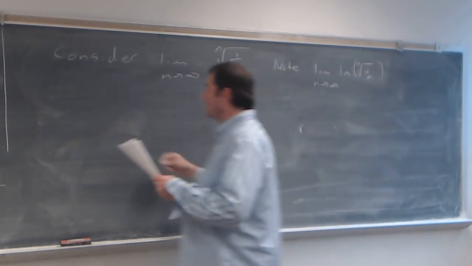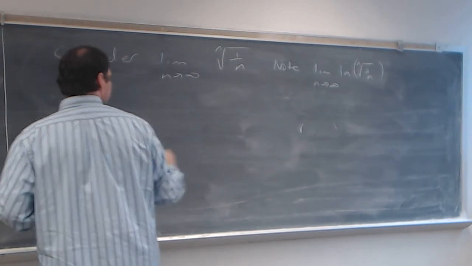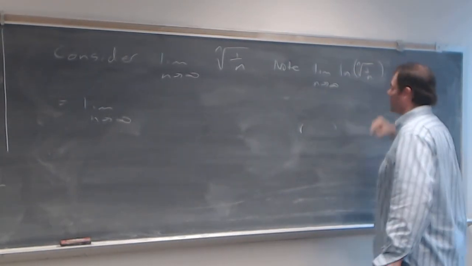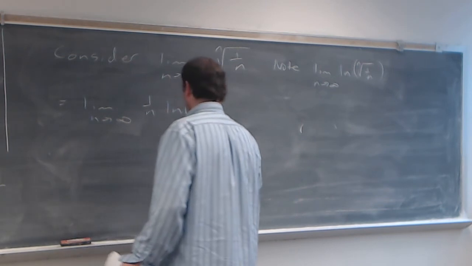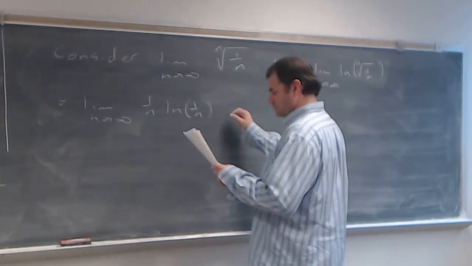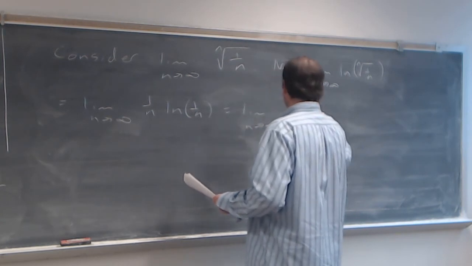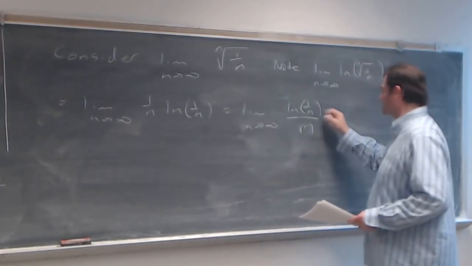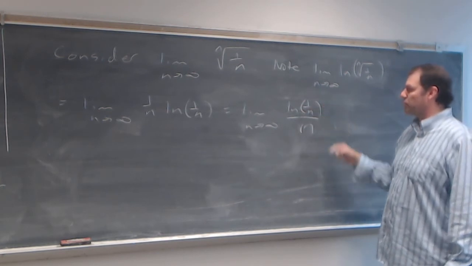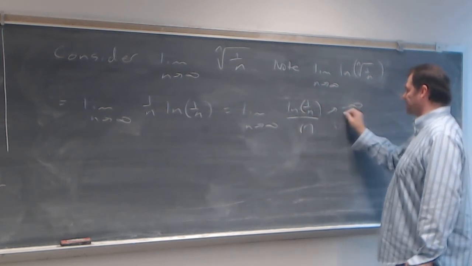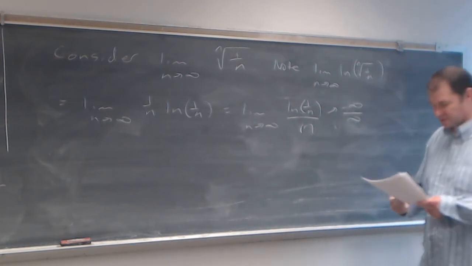And that's equal to the limit as n goes to infinity, by using properties of logarithms and rewriting this nth root as 1 over n power, of 1 over n times ln of 1 over n. And that can be rewritten as the limit as n goes to infinity of ln of 1 over n, over n. Now as n goes to infinity, this part 1 over n goes towards 0. And ln of things going towards 0 through positive numbers go to minus infinity, and this goes to infinity. Since we've got something going to infinity in the bottom, we can try to apply L'Hopital's rule, and that's what we're going to do.